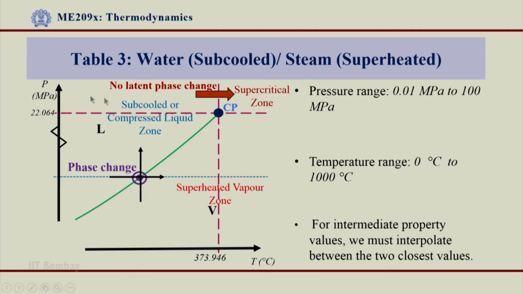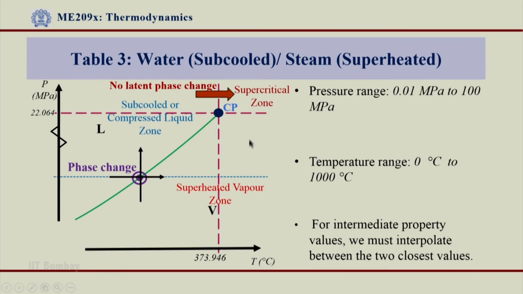For example, here the initial pressure, although it lies in subcooled region, if the pressure is more than the critical pressure, that means if the pressure is more than 22 MPa, and if I went on increasing the temperature, I will not hit this LV line anymore because my pressure was more than critical pressure, and therefore if the system lied in a supercritical region, that means the pressure is more than 22 MPa, but I am still in subcooled region, and if I go on increasing the temperature, I will not come across a LV saturation line, the phase change I will not realize.